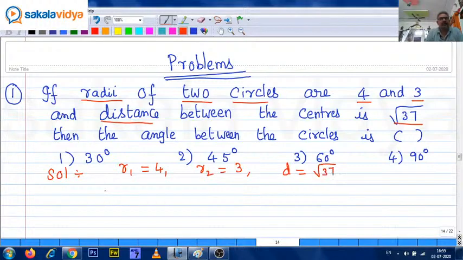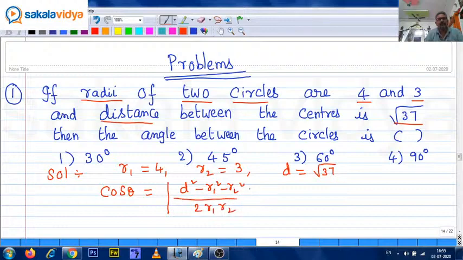Let theta be the angle. Cos theta is given by modulus of d square minus r1 square minus r2 square upon 2r1 r2. So this equals to d square means 37 minus 16 minus 9 upon 2 times 4 times 3.